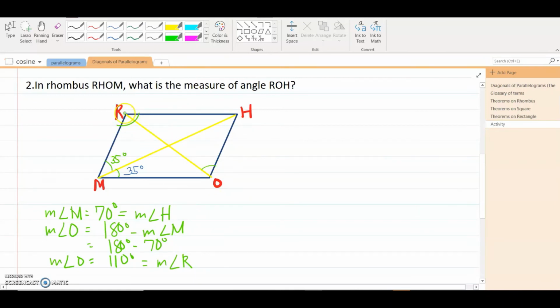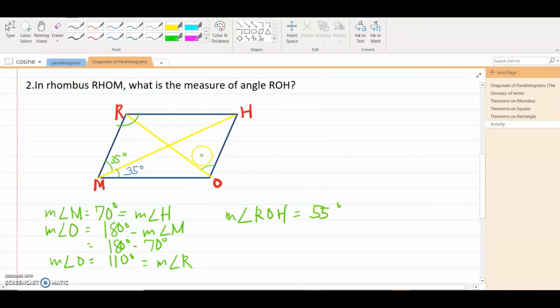But we are only looking for the measure of ROH, which is half of angle O, which is 110 degrees. So therefore, the measure of angle ROH is equal to, you just divide the measure of angle O, so 110 divided by 2, so that will be 55 degrees.